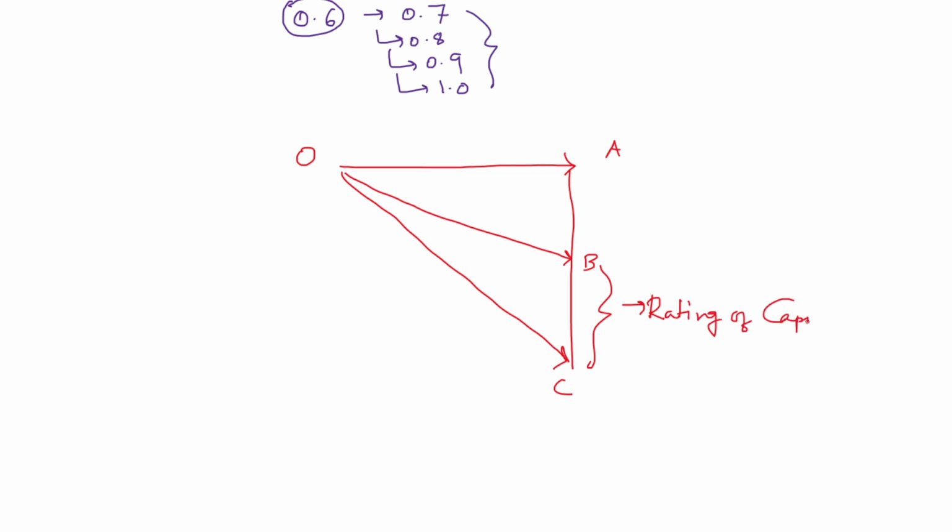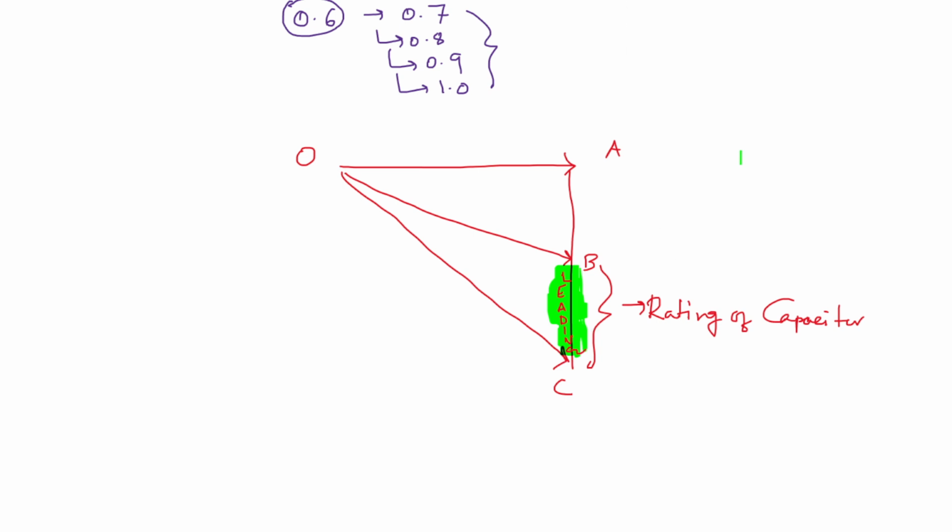Due to this capacitor, this is leading in nature, so I am shading it green. This BC is the reactive power supplied by the capacitor. This is leading in nature.